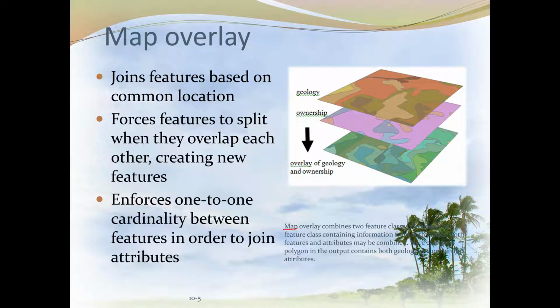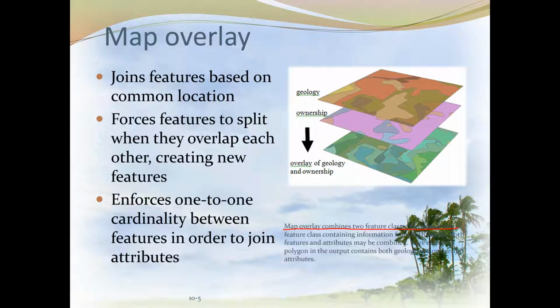So map overlay combines two layers to create a new output feature class containing information for both of the inputs. The polygons from a geology layer and from a land ownership layer have been combined to produce a new set of polygons.